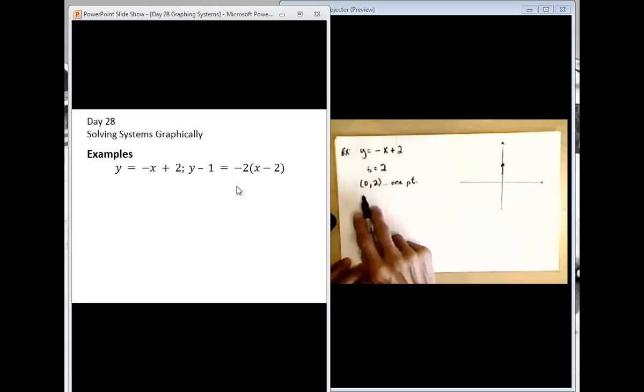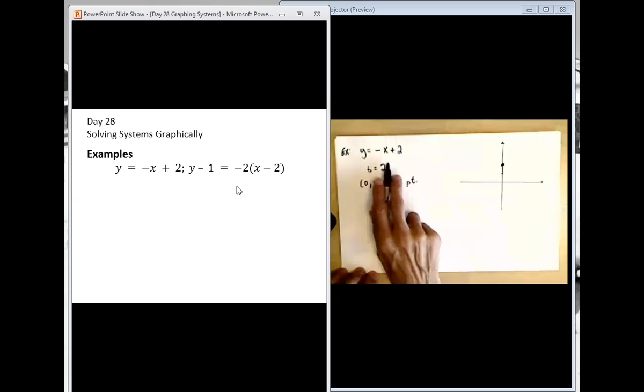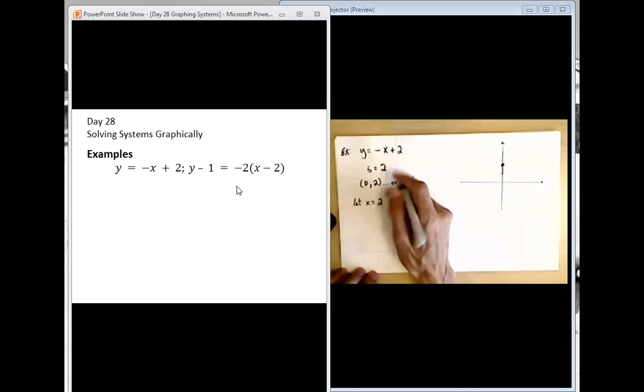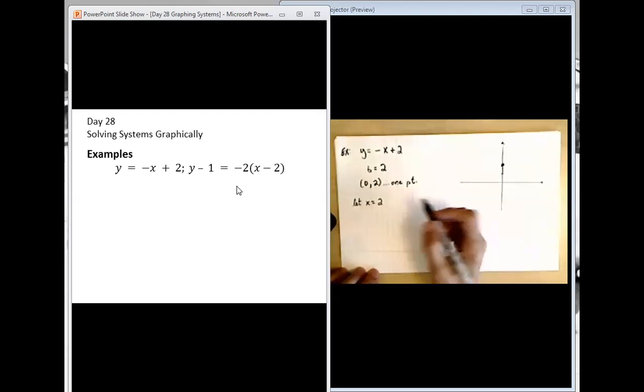Sure. We let x equal 0 before, so why not let x equal 2? Just substitute a number in there, right?